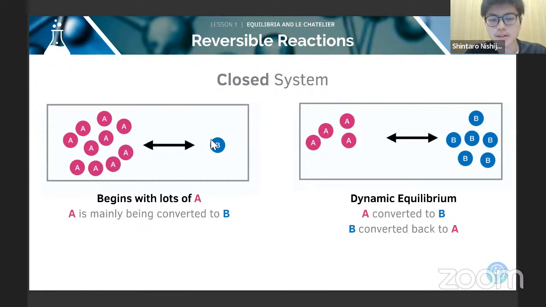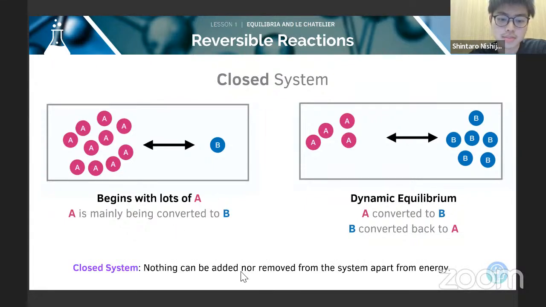You have a lot of A being converted to B. But eventually, as more reactants react and produce B, you get more of the backward reaction where B is turned into A. So you can see here, A is converted to B and B is converted back to A. And then there could be a dynamic equilibrium where it will remain at these 4 molecules of A and 6 molecules of B, and it would just remain like that. The forward reaction is still going on and the backward reaction is still going on, but because they're at the same rate, the concentrations of both the reactants and the products remain the same. And this would usually be in a closed system.